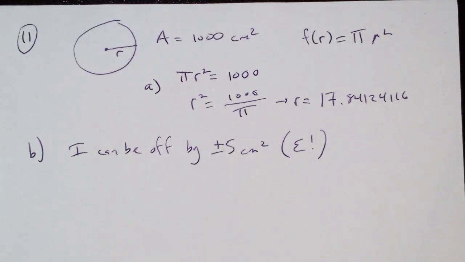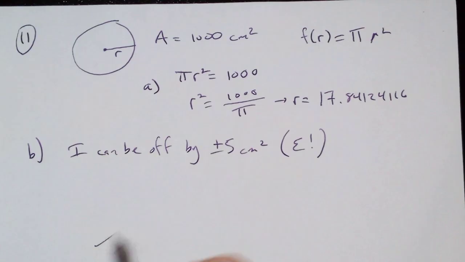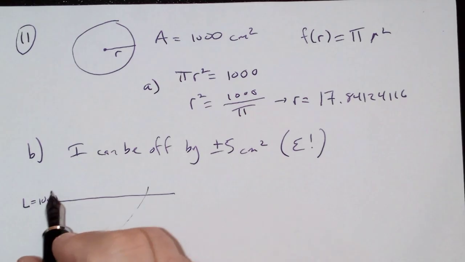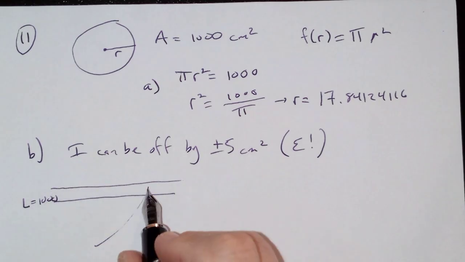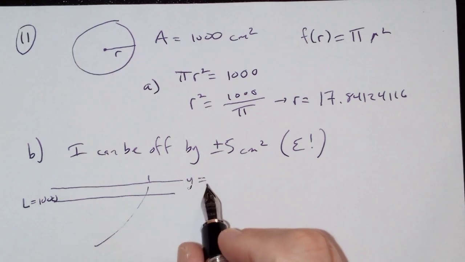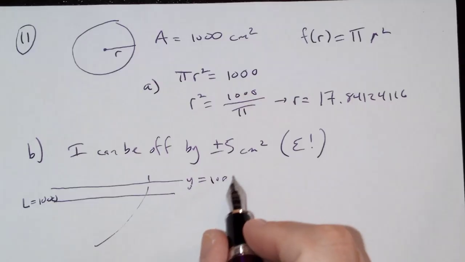If I were drawing a picture, I'd have my graph of pi r squared. I'd have 1,000, right? And then I could be off by 5 above or 5 below. If I'm off by 5 above, what's the y value on this line? 1,005.